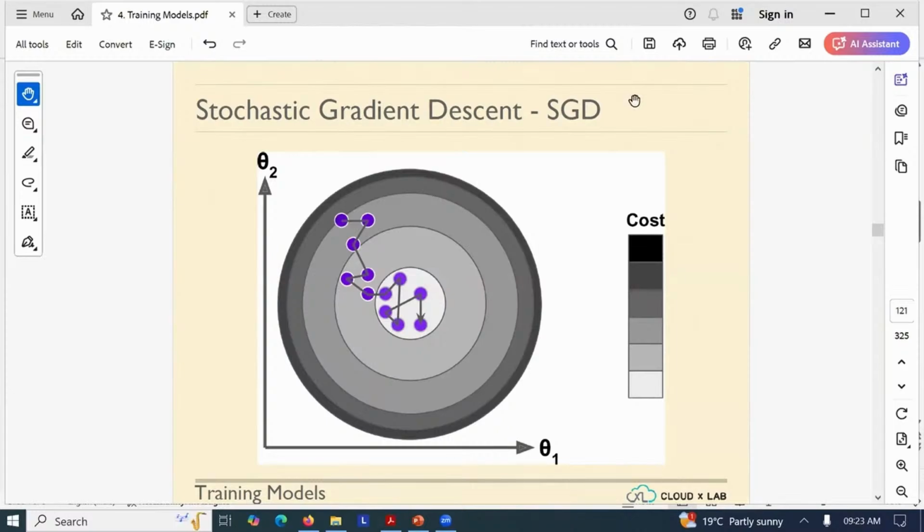Let's say we have 5 data points. Using the first data point, this is the direction of the gradient, G1. This is the direction of the gradient G2 using the second data point, then G3, G4, and G5.